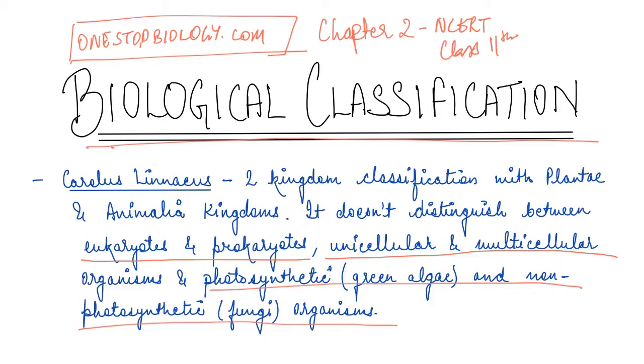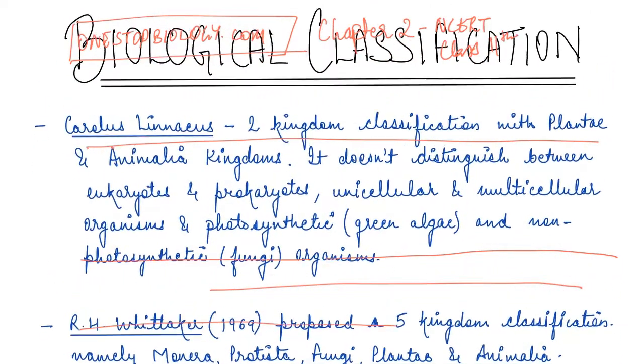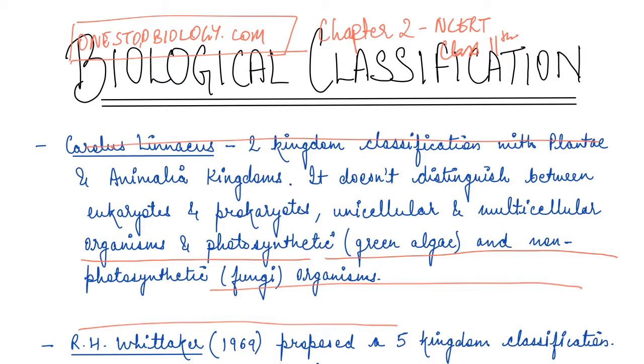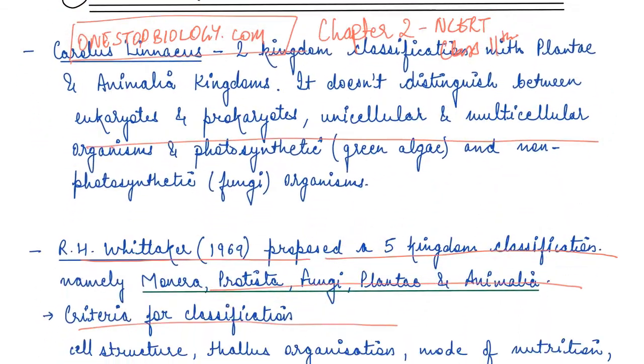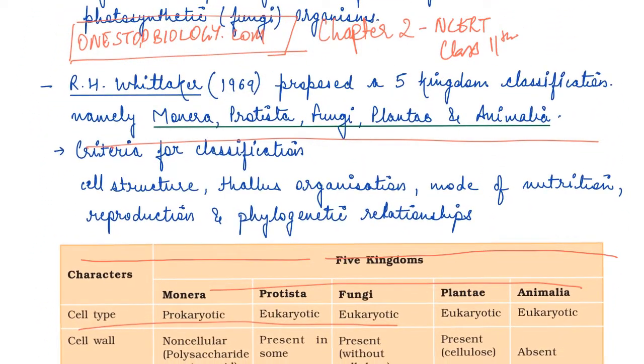The very important classification given later on in the year 1969 was by R.H. Whittaker. So R.H. Whittaker proposed a 5 kingdom classification.